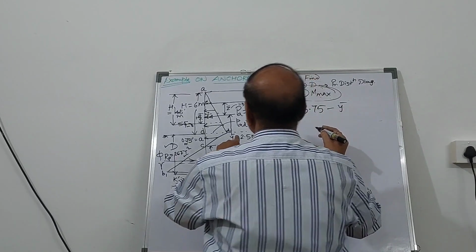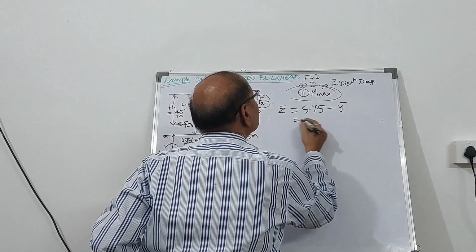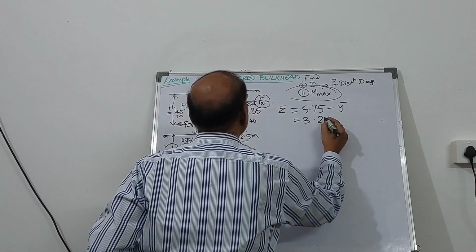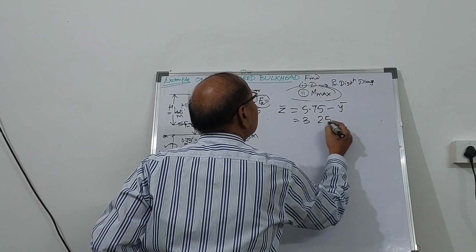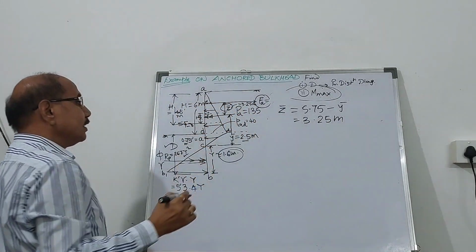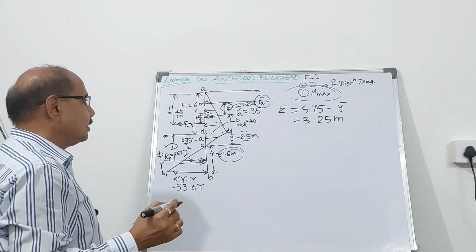So y bar you have already calculated as 2.5. So this gives you 3.25 meter. So Z bar we have been able to calculate as 3.25 meter.